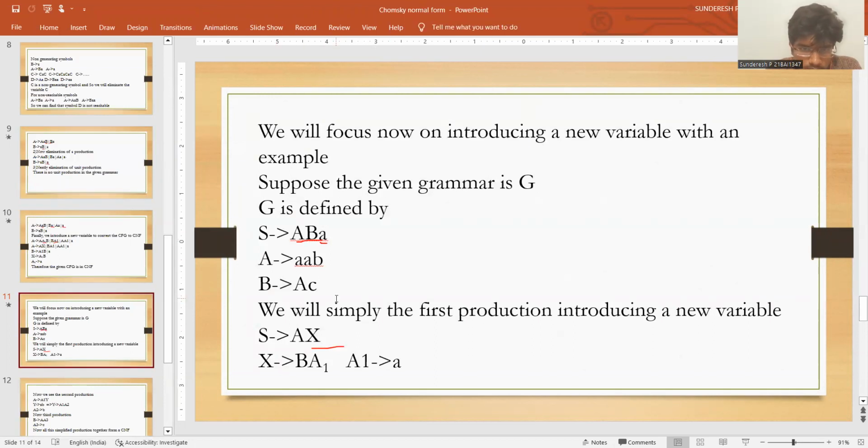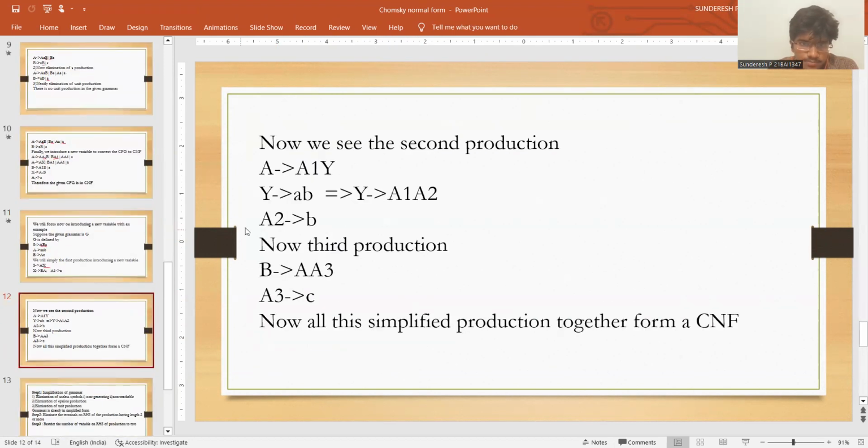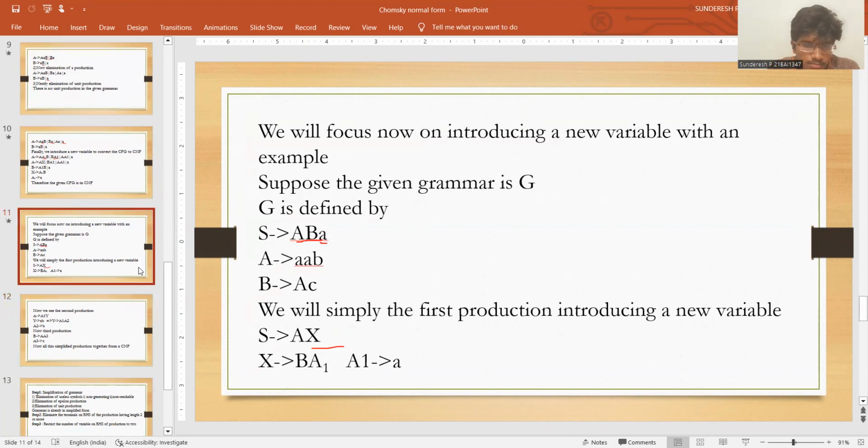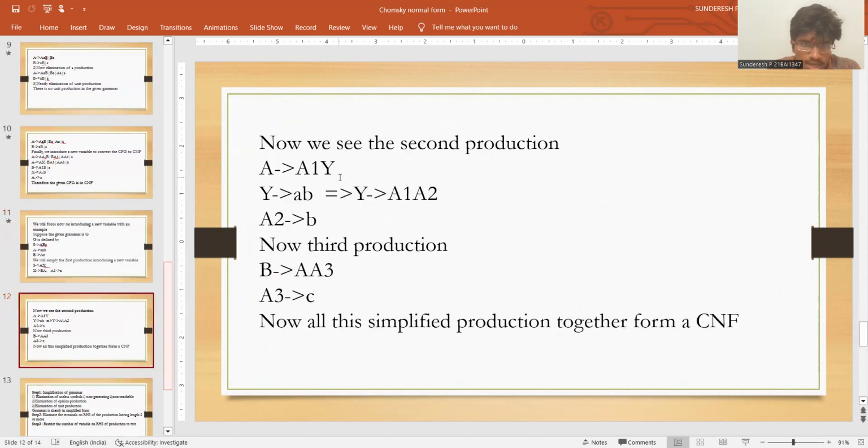Here we have converted the terminal symbol small a to a non-terminal symbol A1, and we take the last two variables as X, and we define the productions, and we define the newly introduced variable A1. We move to the second production. In this one, we take AA as A1, A1 and B as A2. We take the last two variables A1, A2 as Y, and we define the productions for it.